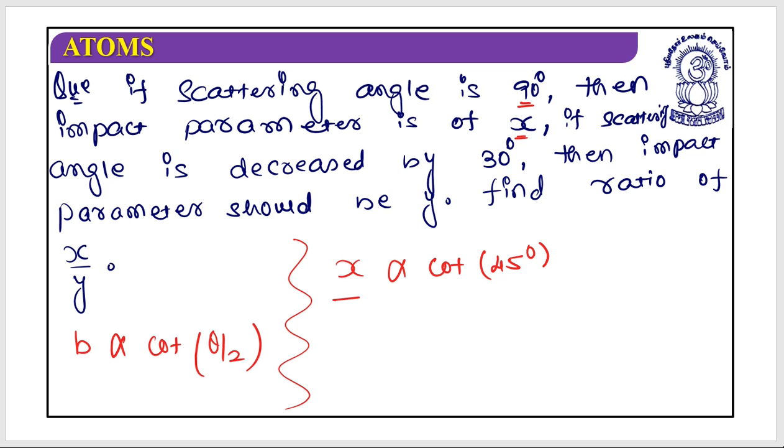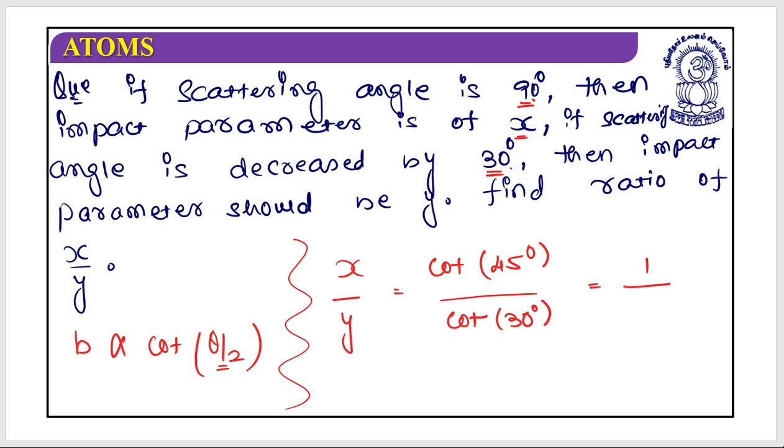And now the impact parameter is y; let me remove the proportionality symbol and directly take a ratio. It has been decreased by 30 degrees, so it was initially 90, now it is 90 minus 30, which equals 60. But what I want is theta by 2, so it's cot of 30 degree. I hope this is clear.